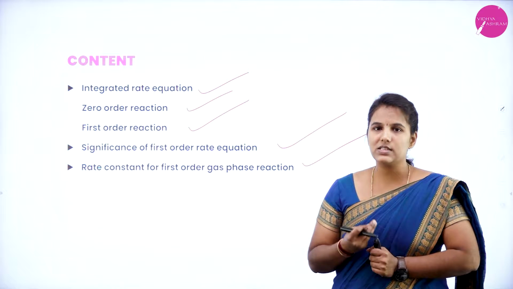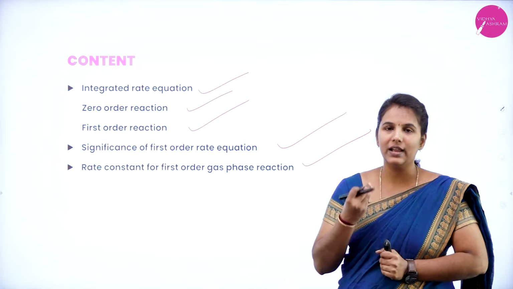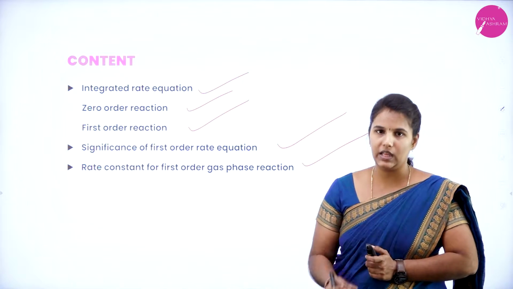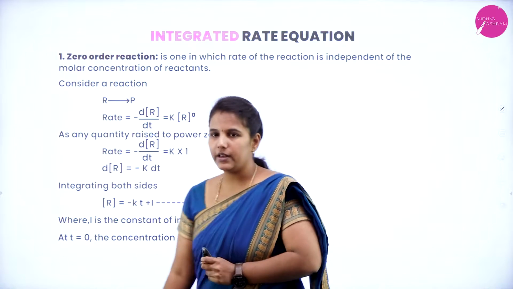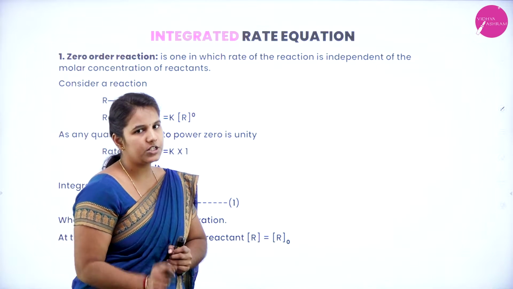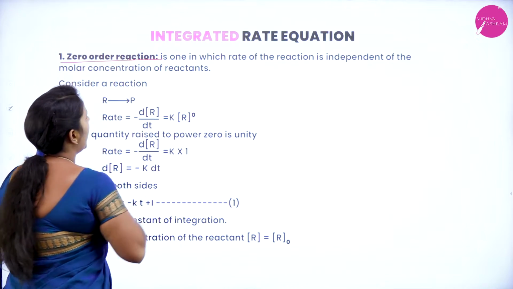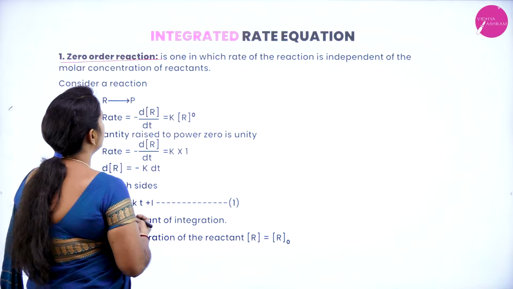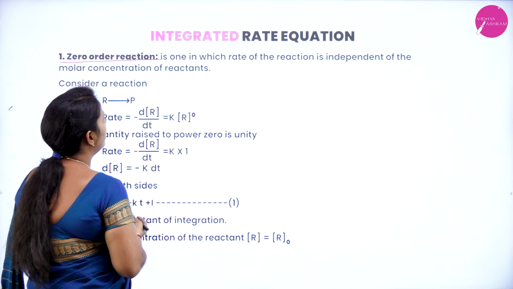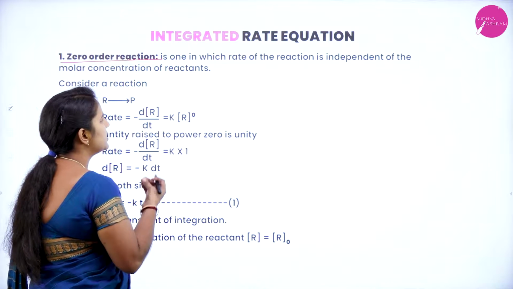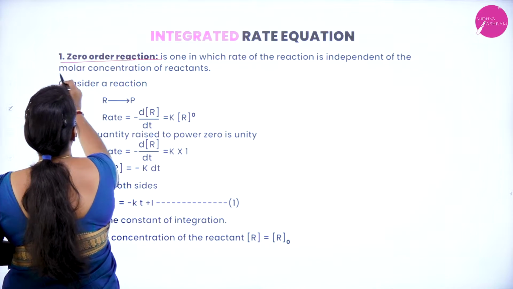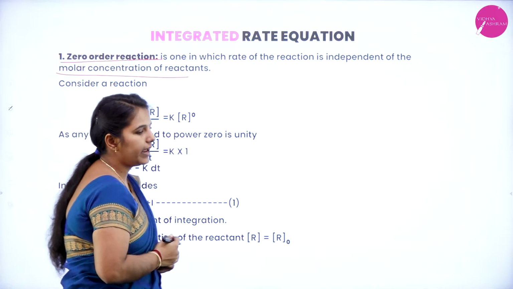Okay. So, firstly, we'll directly move on to the integrated rate equation. How to derive it for the zero order reaction? Let us understand. Already we know that a zero order reaction is one in which the rate of the reaction is independent of the molar concentration of the reactant.